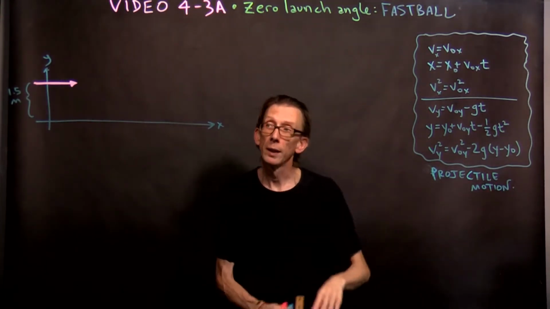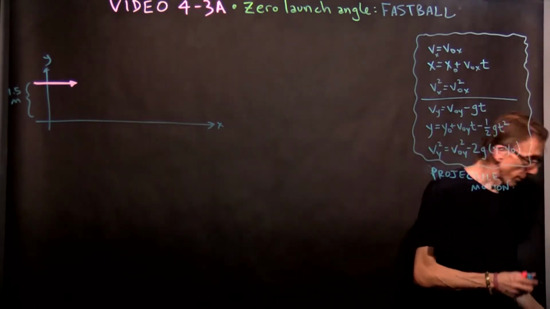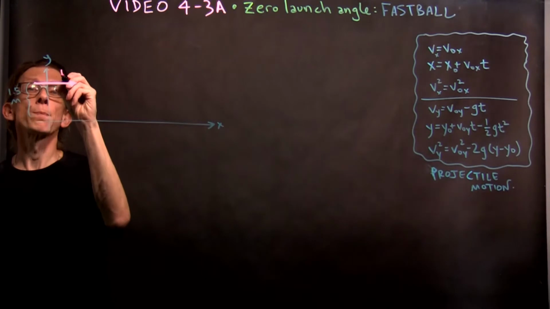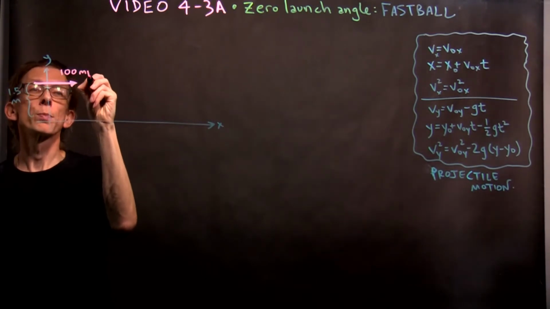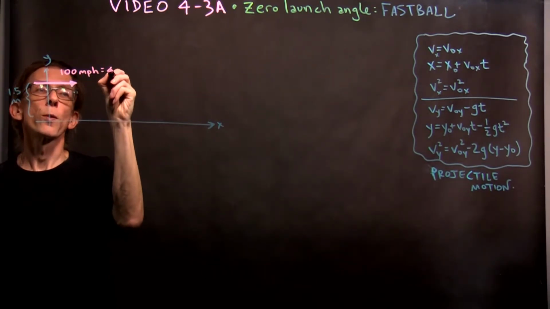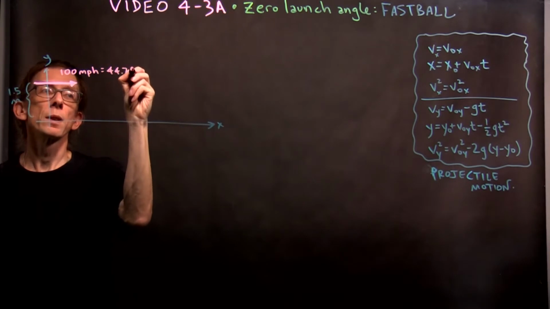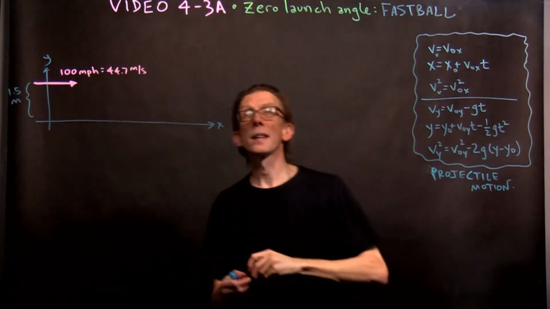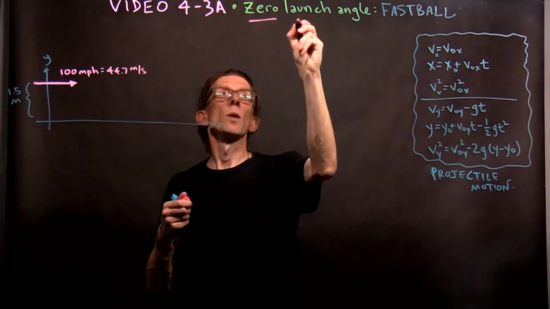So 1.5 meters above the ground, big league pitcher is going to throw a fastball 100 miles per hour, which is 44.7 meters per second.